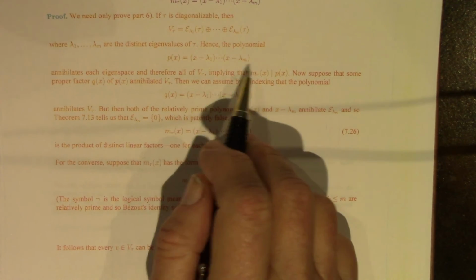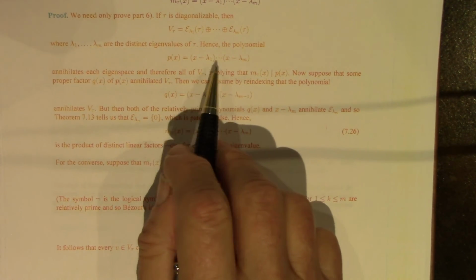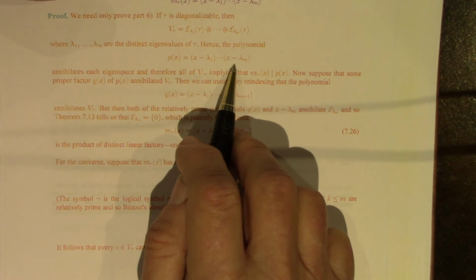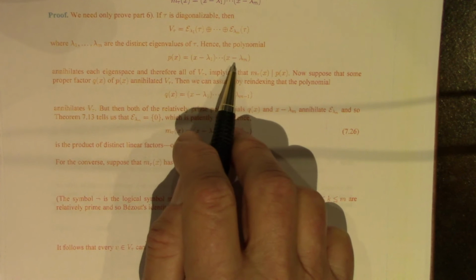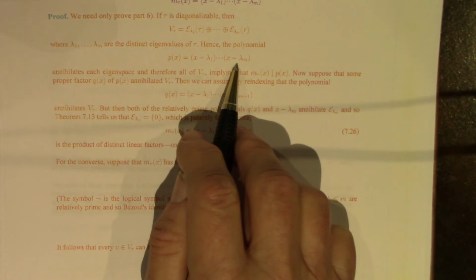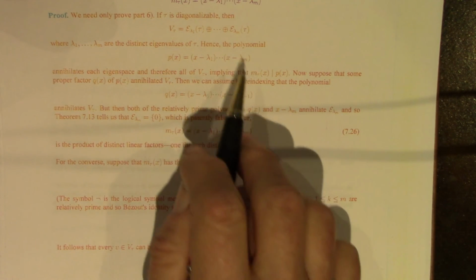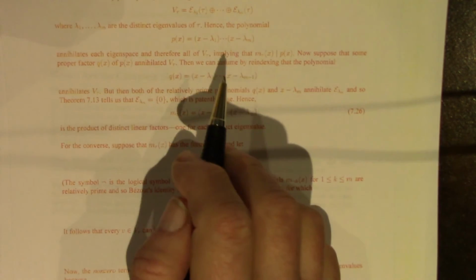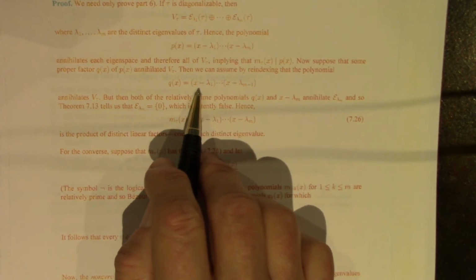Because if some proper factor of this annihilated the module, then a proper factor missing only one of these factors would annihilate also, and we can assume that missing factor is lambda m. But now we have a problem.